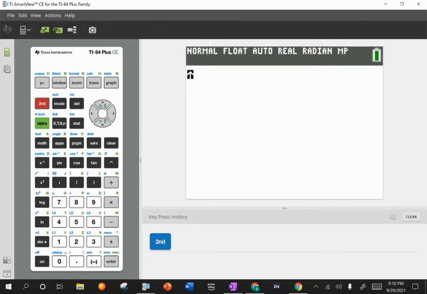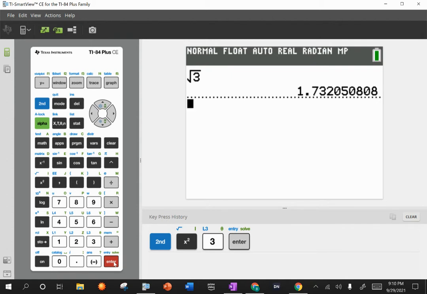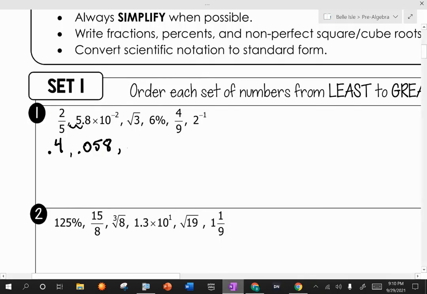I'm going to punch in second and my square root button, and 3, and enter. It's going to give me 1.73. I'll just round to the hundredths place. That should be fine. So I'll go 1.73.